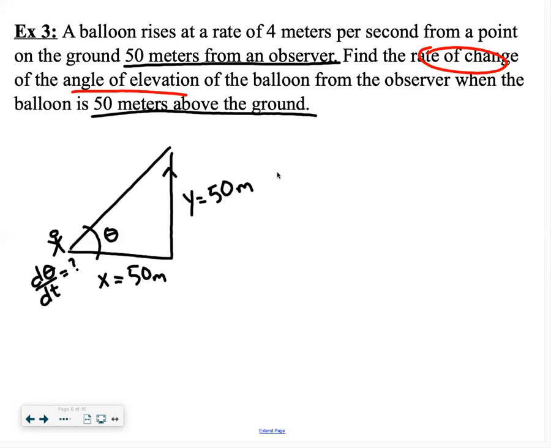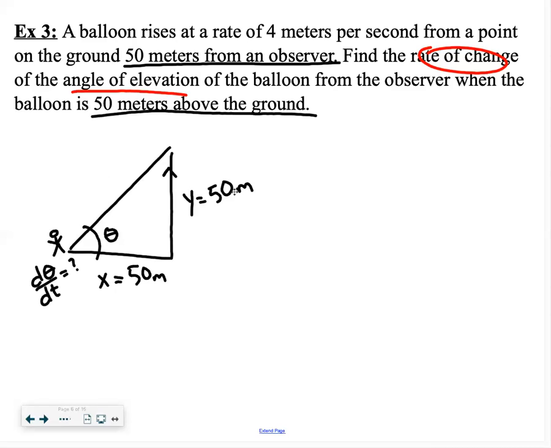Good. A lot of people saying tangent. Think of SOHCAHTOA. Sine is opposite over hypotenuse. Here's your angle, opposite is 50, and you don't want to know anything about the hypotenuse. Cosine is adjacent over hypotenuse. Here's your adjacent, hypotenuse is over here, and you don't have any information about your hypotenuse.